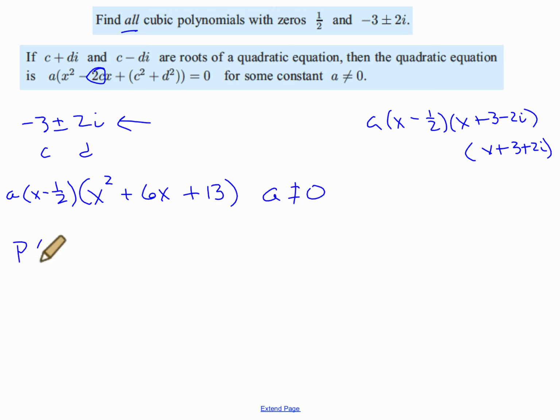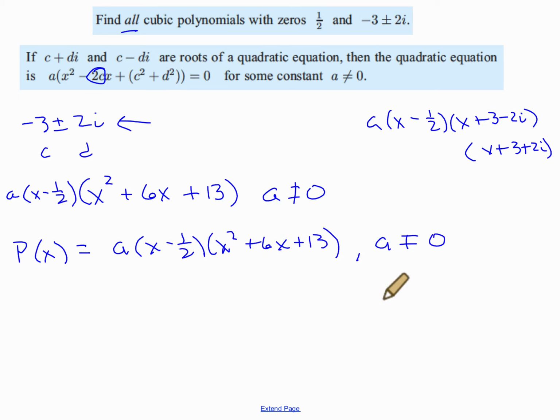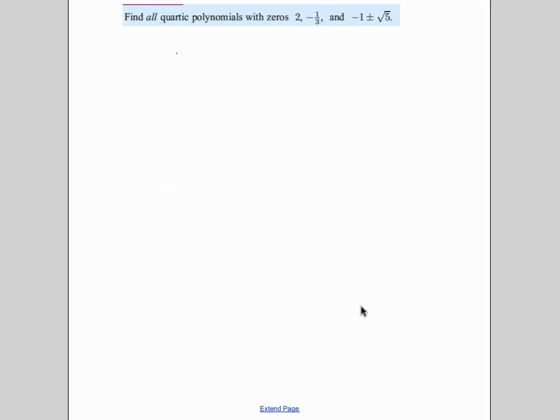And I suppose to make it official, the polynomial would be a times x minus 1/2 times x squared plus 6x plus 13, and then a could not be equal to 0, obviously. Could be anything else. Now, this is a very nice thing to have in your back pocket, not on your formula booklet, but if you can remember this, it's going to save you some time.